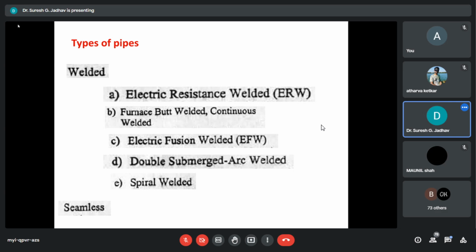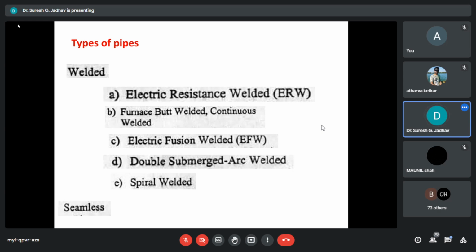Pipes having a longitudinal butt joint wherein coalescence is produced by the heat obtained from the resistance of the pipe to the flow of electric current in a circuit of which the pipe is a part, and by application of pressure. So we can use the electric resistance welded system to weld the pipes.